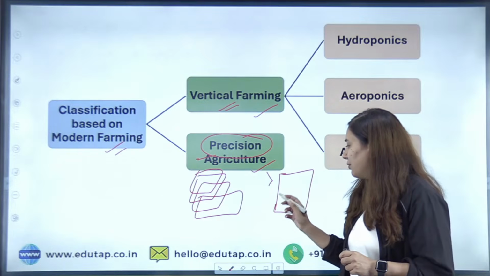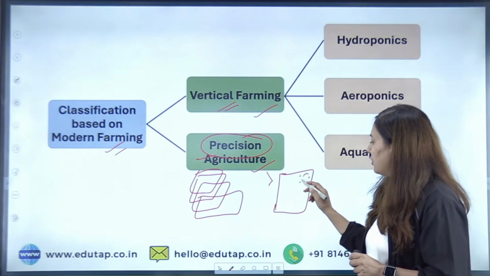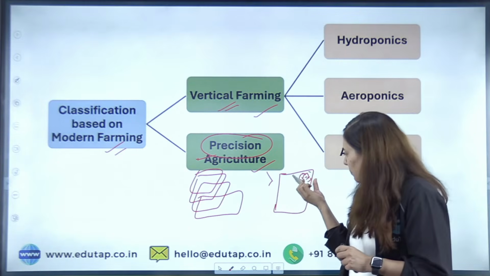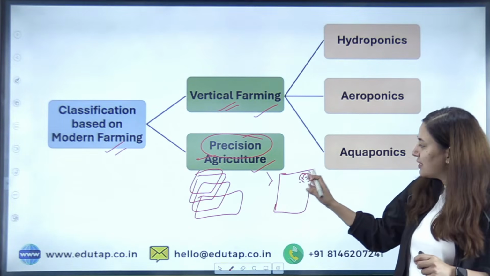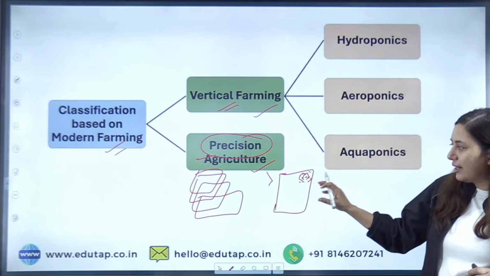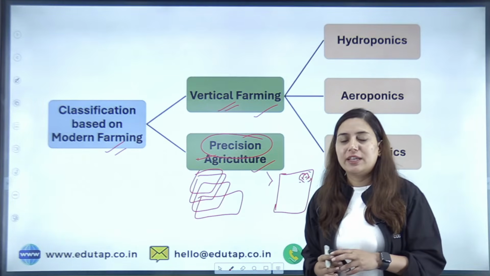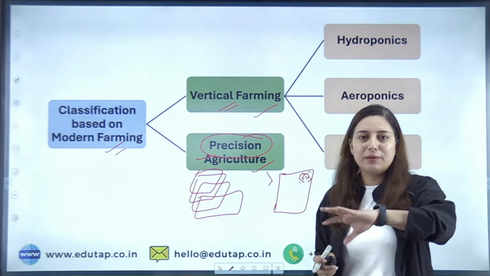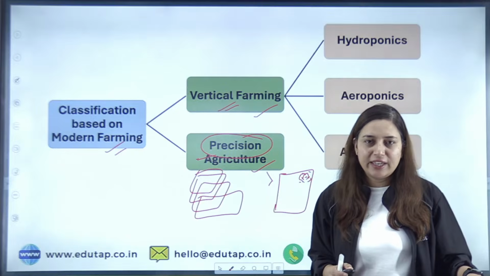So if we have a field and there is certain deficiency that we have observed in this part of the field, and this deficiency or this data that you get is through the software, right? So there will be few software with you, and there will be few machines that will be surveying your area, right?